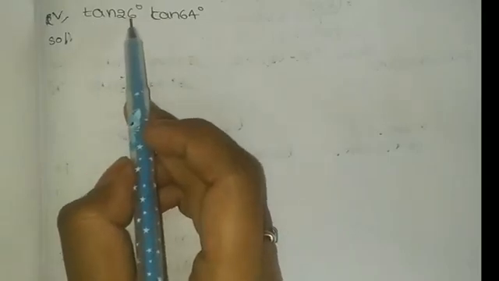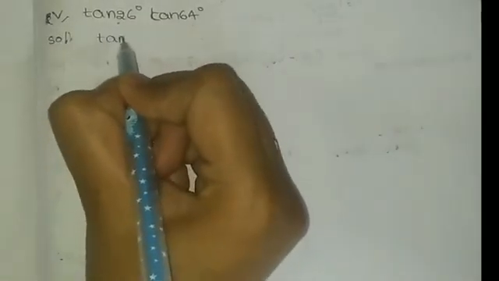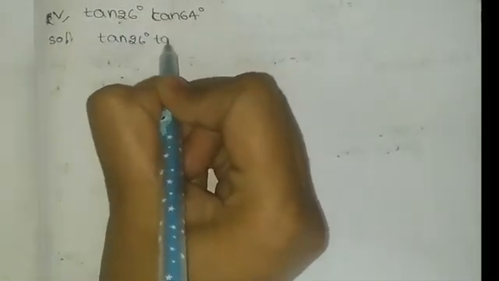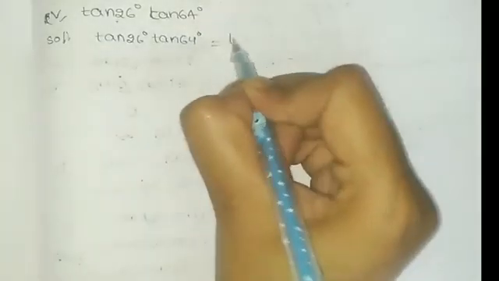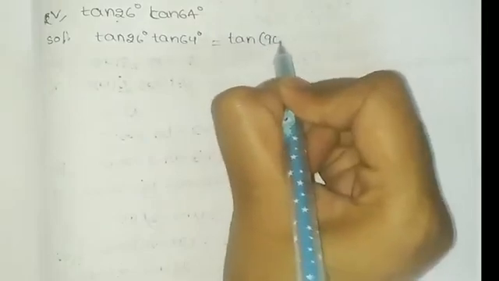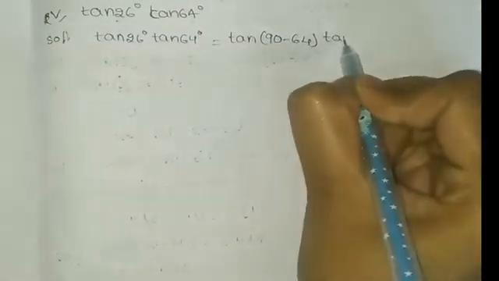Fifth problem, tan 26 degrees, tan 64. Here the two angles are also complementary. So tan 26, tan 64. Now I am writing tan 26 as tan 90 minus 64, tan 64.